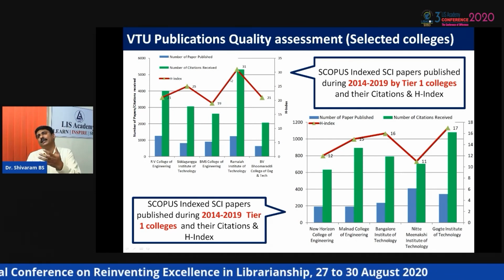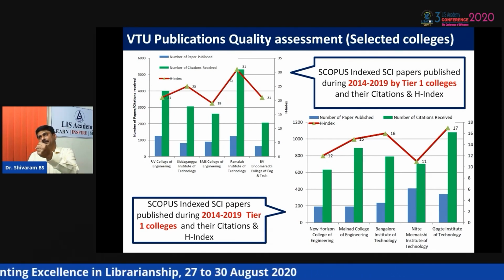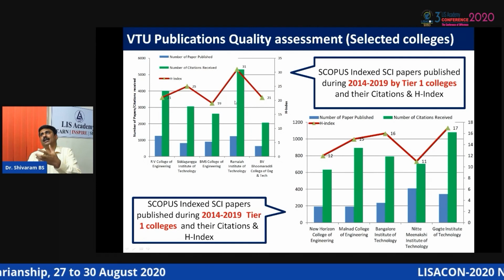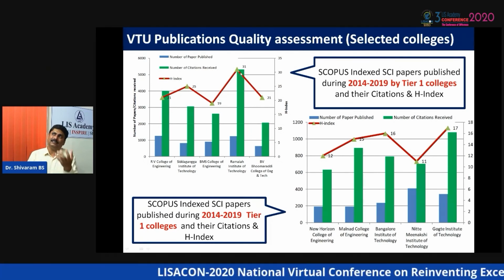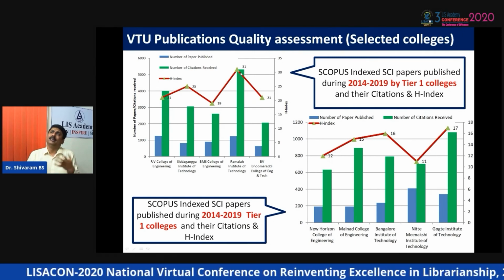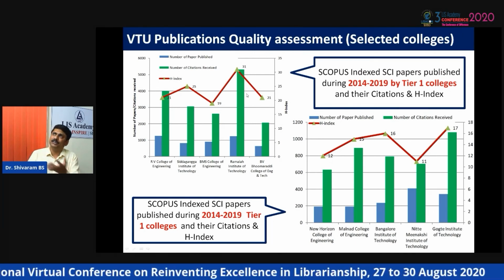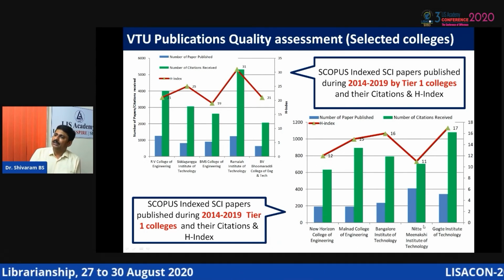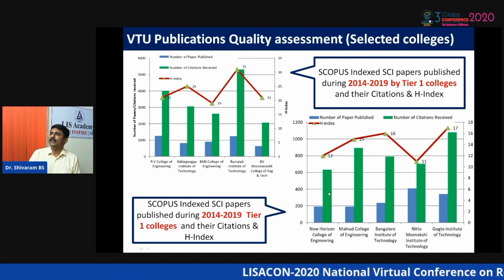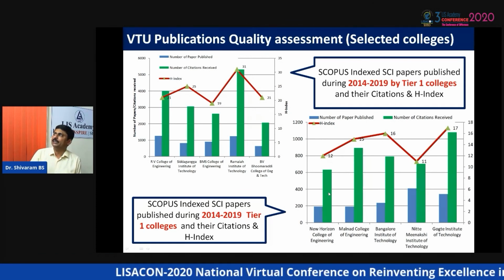So what I mean to say is, the publications published by the VTU community are quite qualitative, and they are able to yield the citations and H index which are majorly considered by various accrediting bodies or ranking frameworks. Similarly, it's true with Tier 2 colleges also, where their publications are also able to get quite a good number of citations.